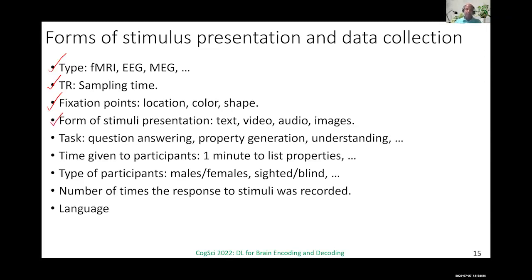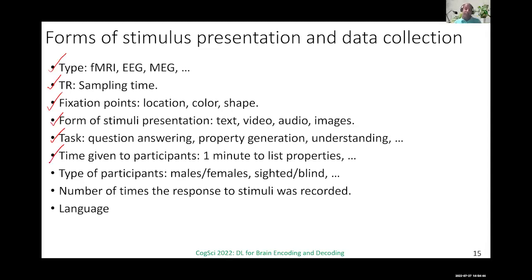Form of stimulus representation. So it could be text, video, audio, images, particular task. So while the stimulus is being presented, the subject may be asked to do a particular task so as to make sure that there is good processing of the stimulus in the brain, right? So they may be asked to do question answering, property generation, understanding, and so on. We'll look at them one by one.